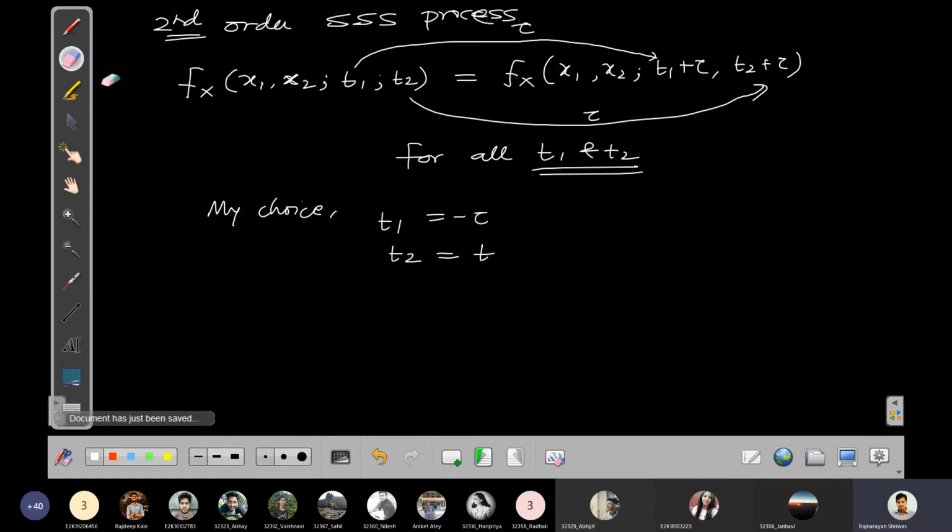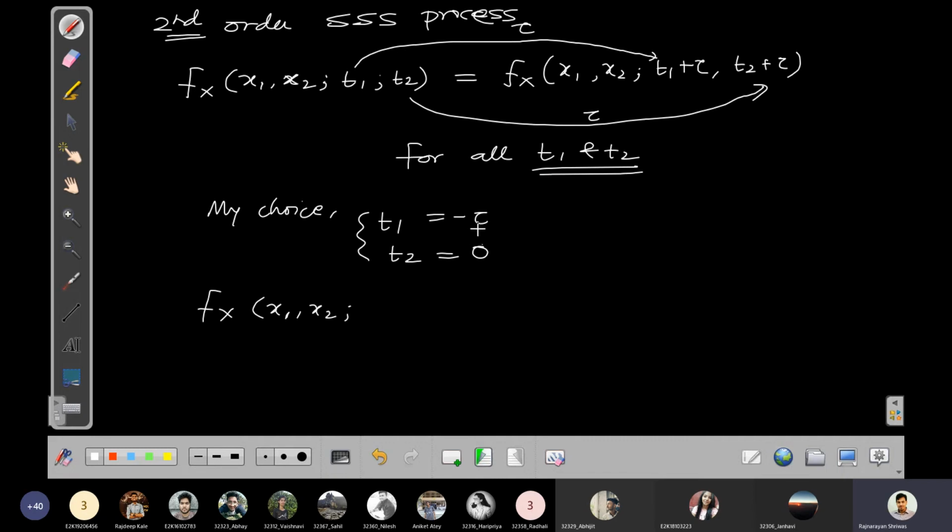I need to choose some different number. Let me choose t1 as minus tau. This will get cancelled. t2 as 0. Let's say t2 is 0 and t1 is minus tau. I am just thinking about how to prove this, so I'm not choosing randomly, but choosing properly.